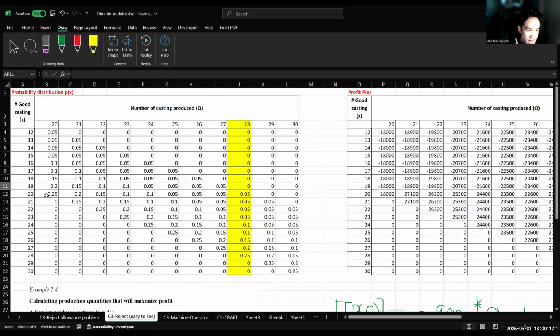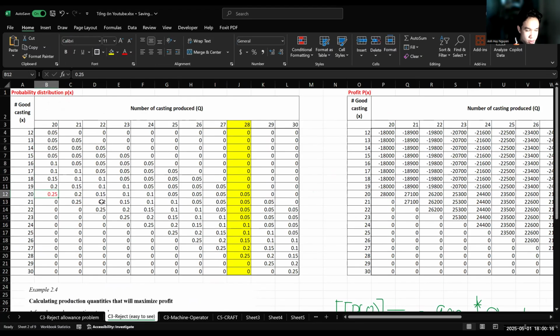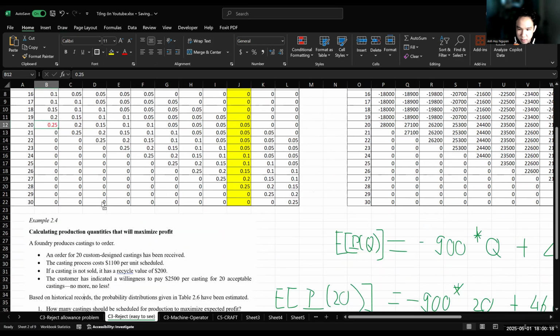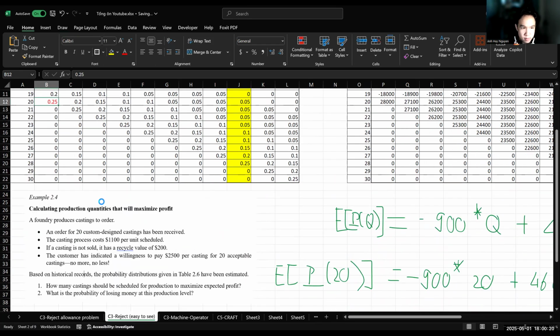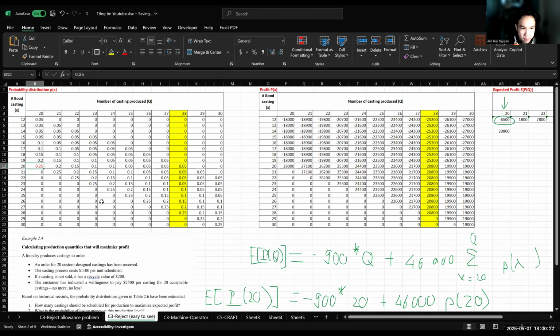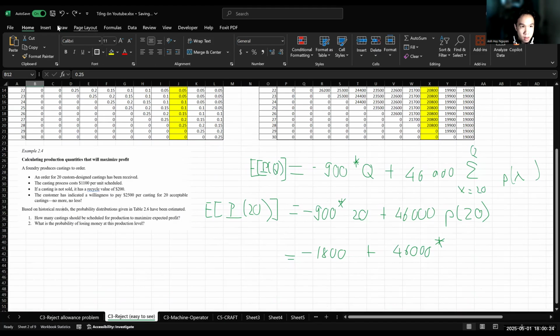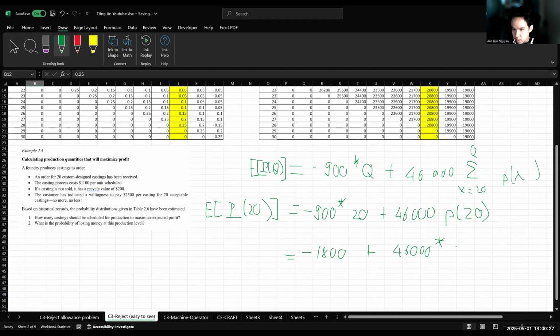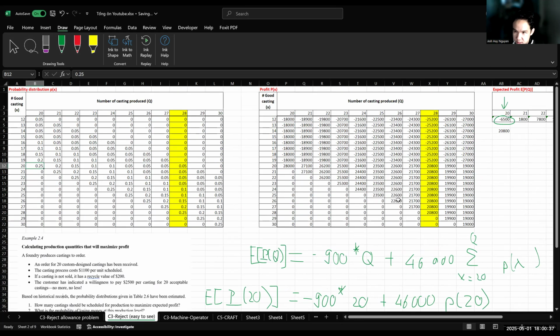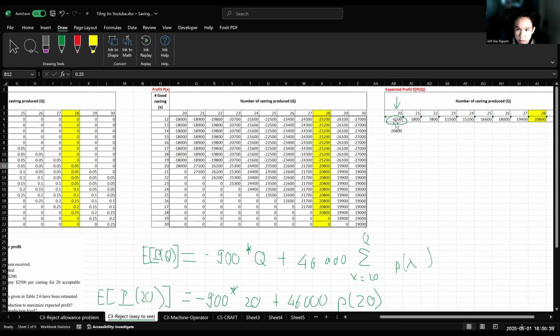Q is 20, X is 20, which is 0.25, okay? 0.125. And how much will you receive? Minus 6,500. Just like the table in Excel, which has already calculated it for you here.